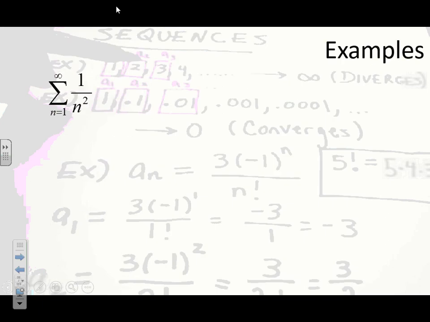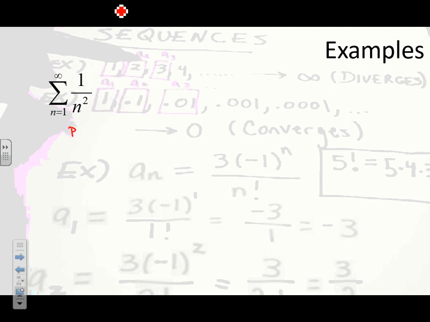So a couple quick examples here. If we have a series from n equals 1 to infinity of 1 over n squared, it would be convergent by the p-series test. So you'd say it's a p-series, so let's start with that.